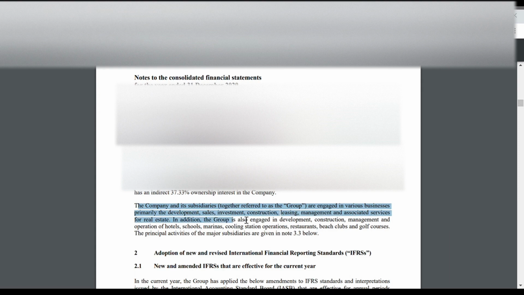In addition, the group is also engaged in development, construction management, and operation of hotels, schools, marinas, cooling station operations, restaurants, beach clubs, and golf courses. Well, I think this is enough reading. We have to make sure they are not dealing in activities that are not permitted in Islam, because it's not permitted to invest in such a stock.